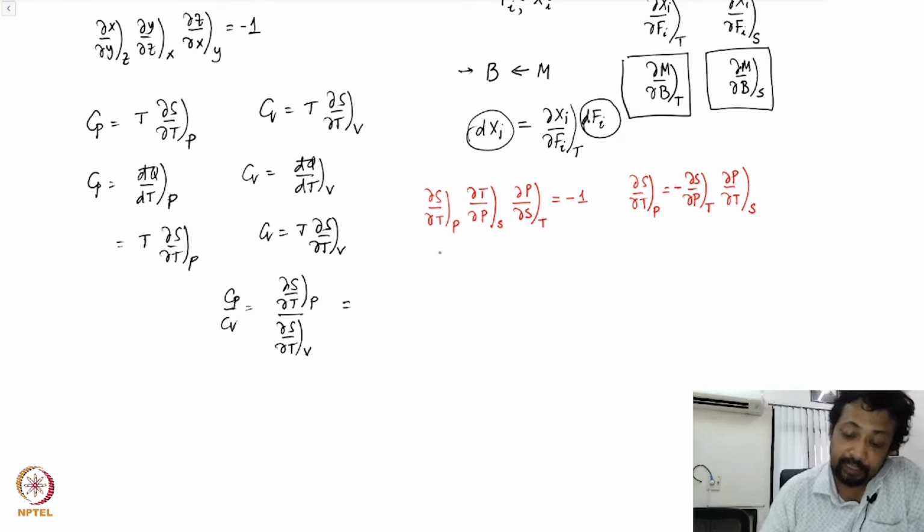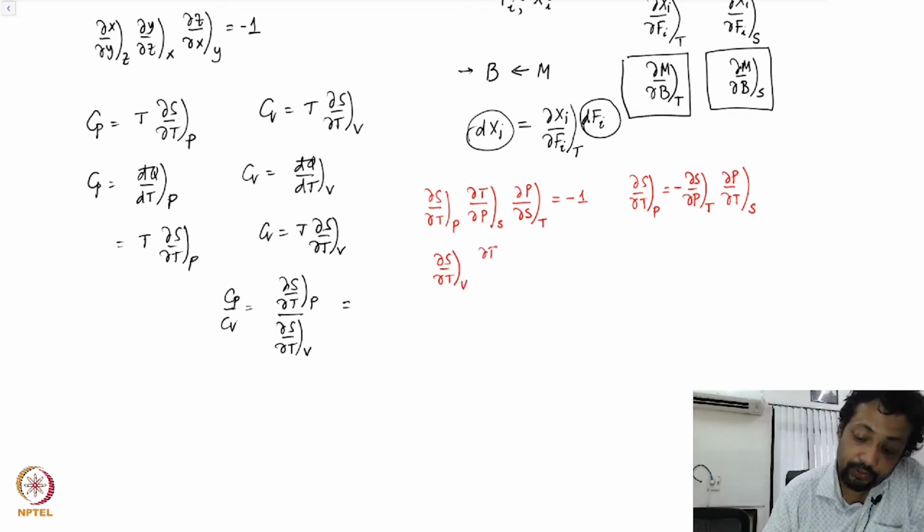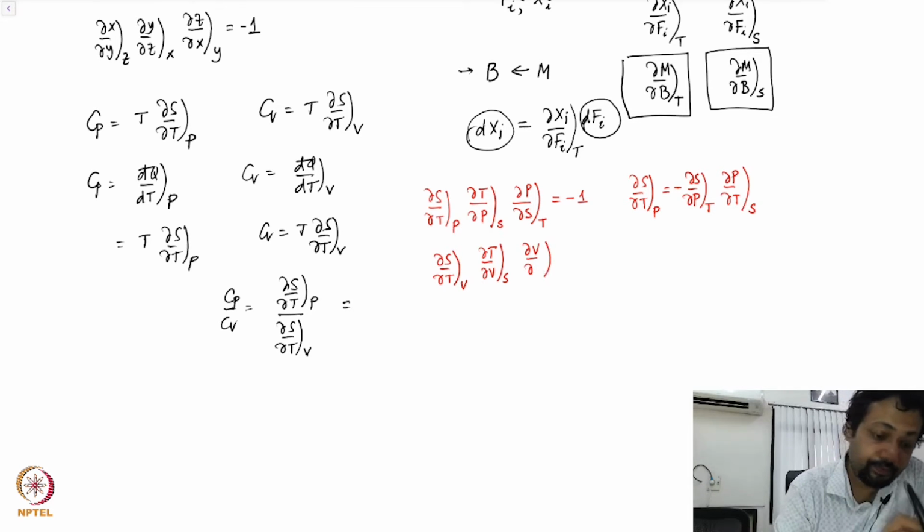Similarly, for this I want to again use the cyclic relation with volume. So (∂T/∂V) at constant entropy, and then (∂V/∂S) at constant temperature.